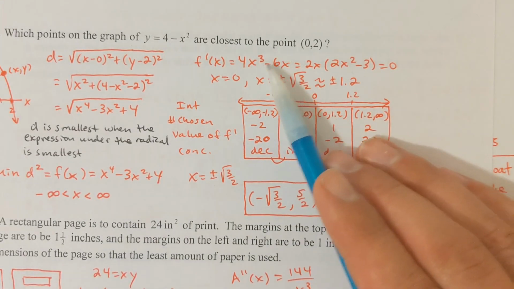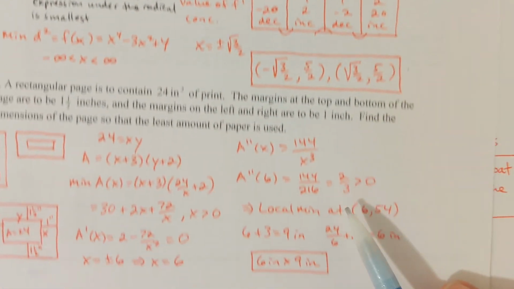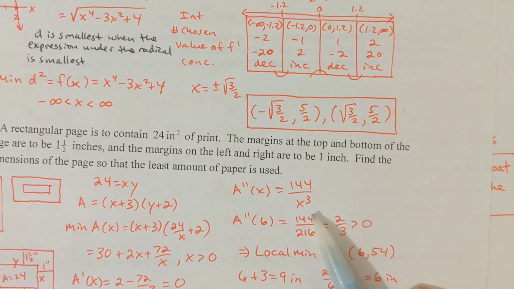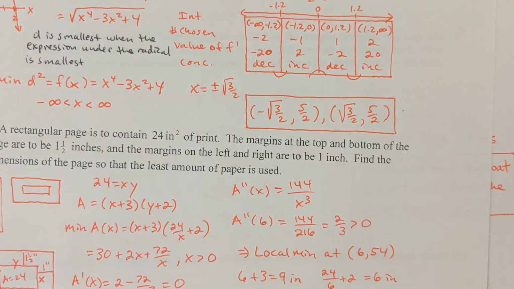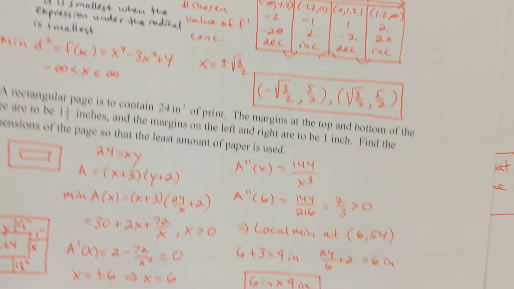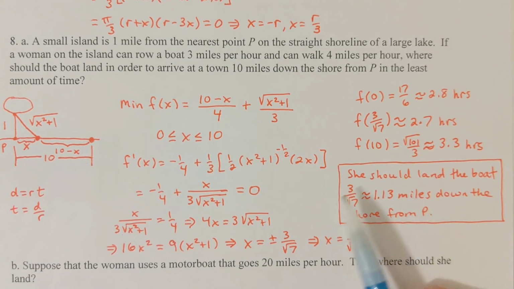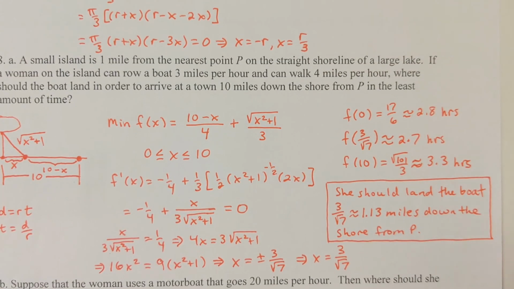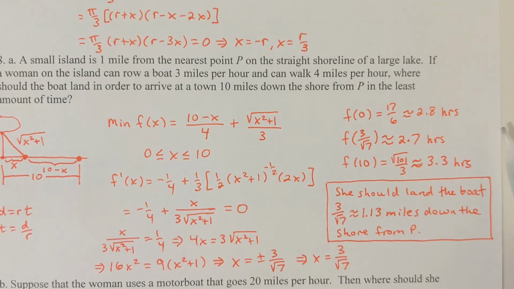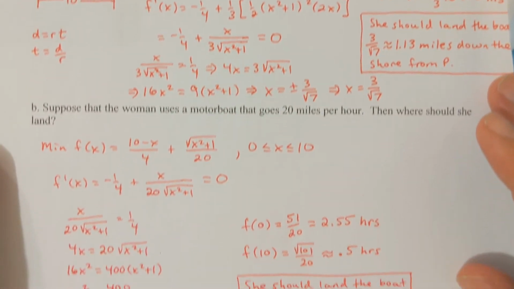Just make sure that you've used either one of those tests, because that is the proof, showing that you indeed got the correct value that would give a min or a max. And then of course make sure that the answer is circled. Also, make sure that the units are there in the answer, whatever they are, stated in the problem. So that is what I'm looking for when I grade your work.